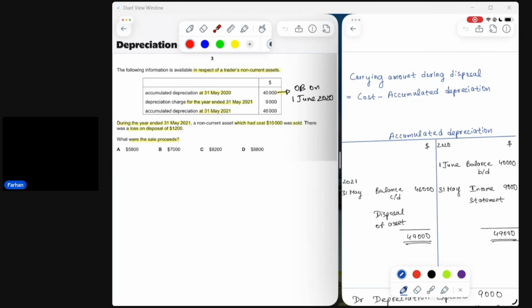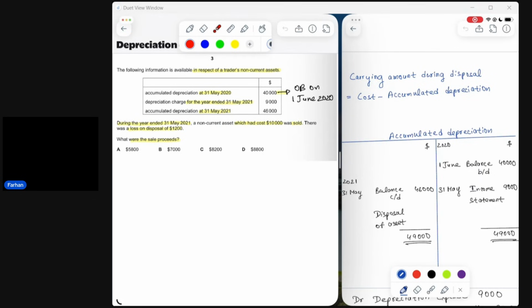Now you can note that I have highlighted all the dates because these are very important to get the question correct. During the year ended 31 May 2021, a non-current asset which had cost $10,000 was sold. There was a loss in disposal of $1,200. What were the sale proceeds? In other words, find out how much this asset was sold for.